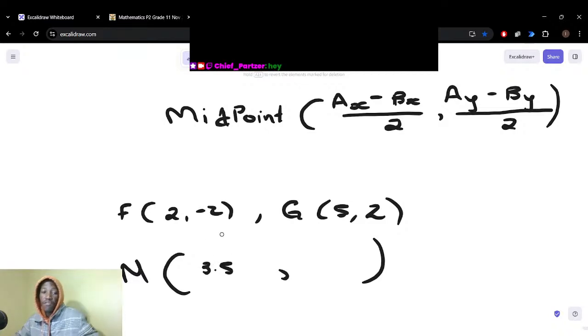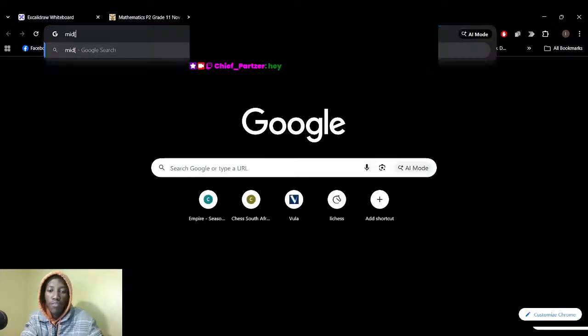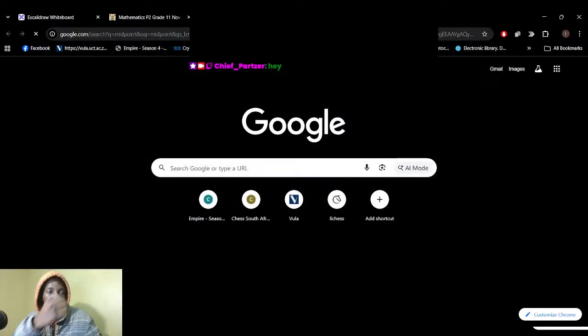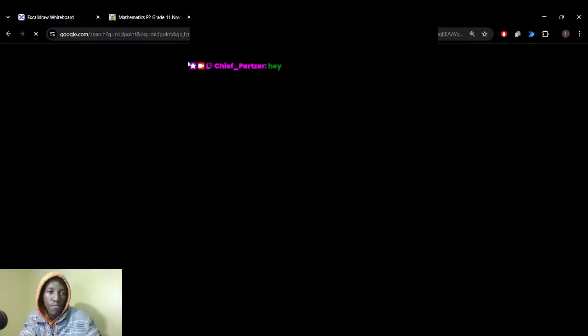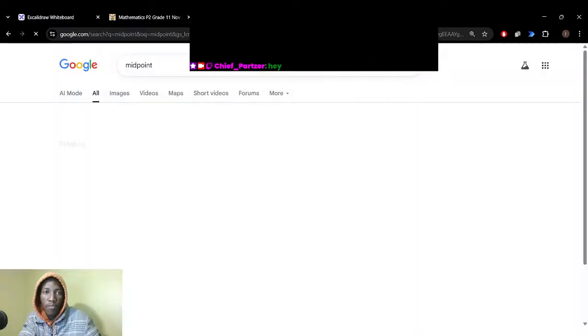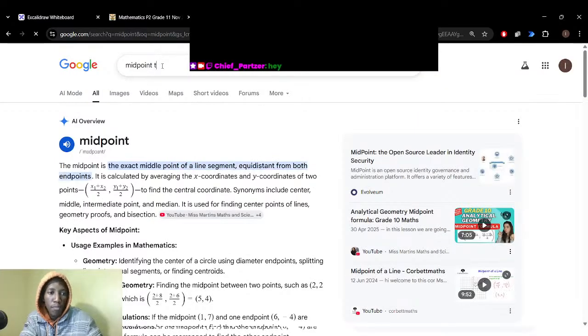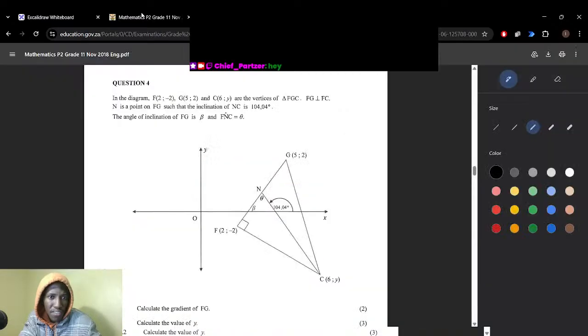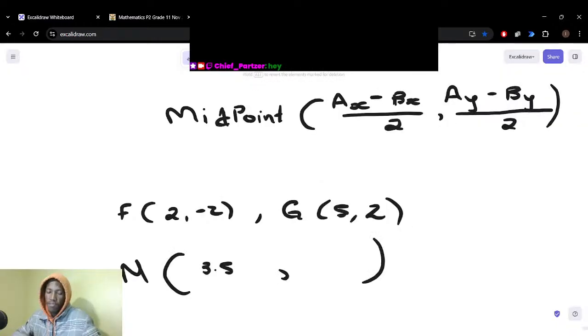Okay, let me actually verify it, because I don't want to be incorrect. Midpoint theorem. Actually it's plus, it's not minus. Oh God, pardon me. So it's not minus. Yeah, I was correct.